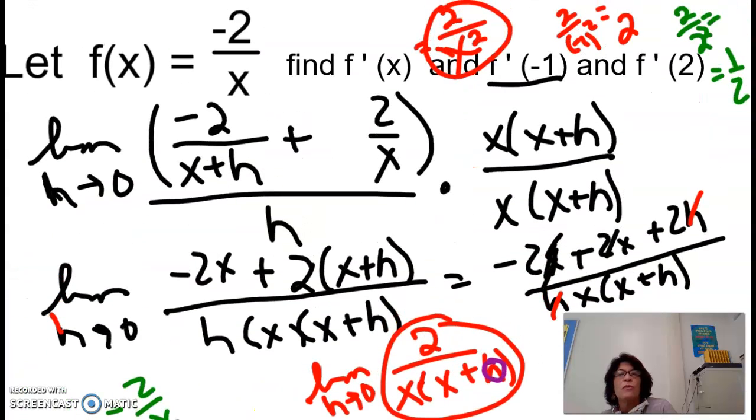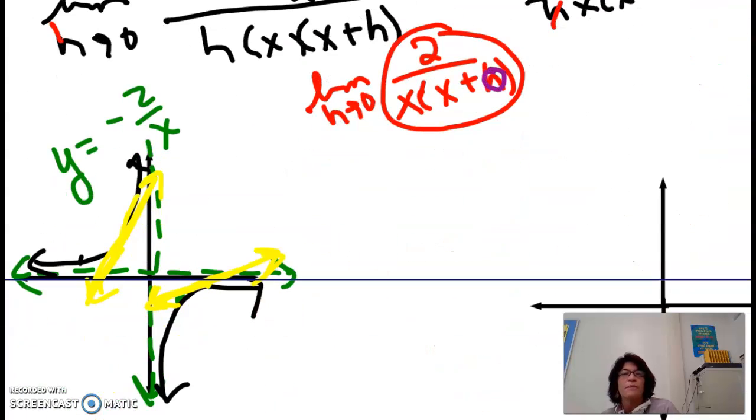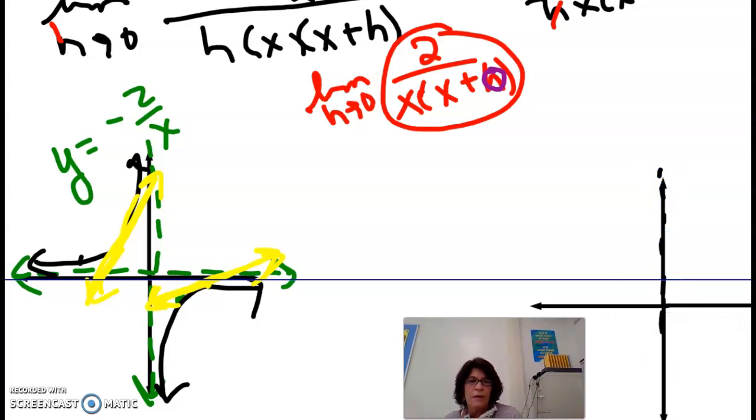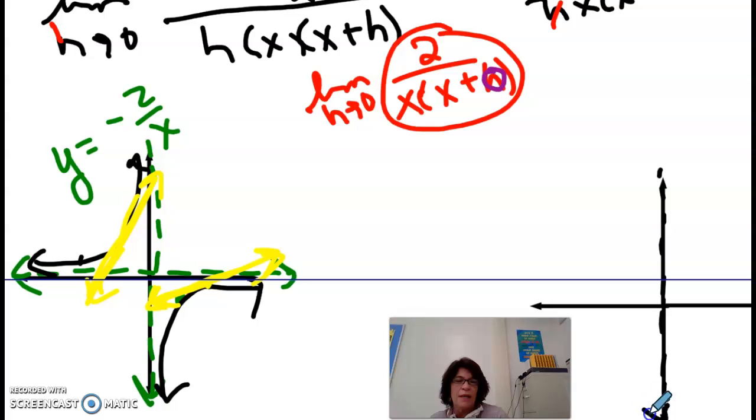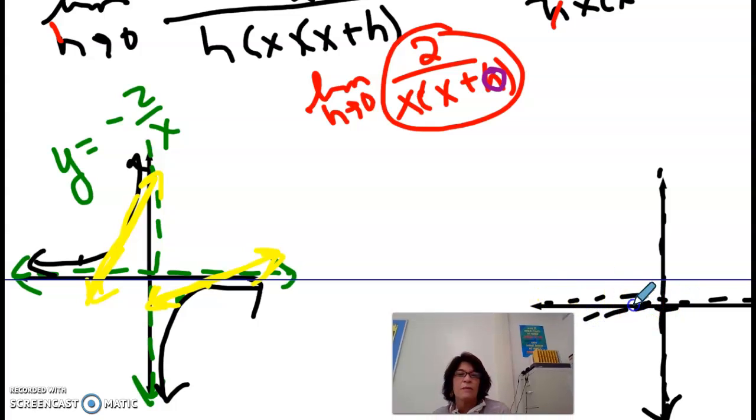2 over x squared was my derivative. Let's just graph that function. 2 over x squared, we still have an asymptote at 0. And I have a horizontal asymptote at 0 as well.